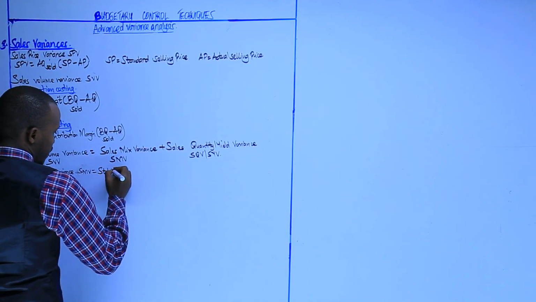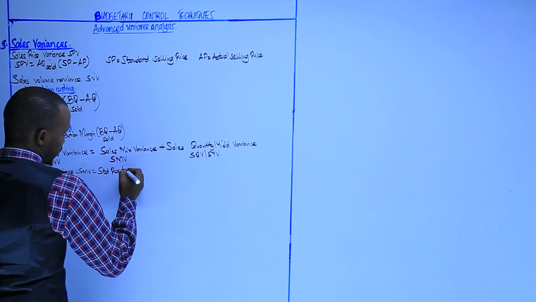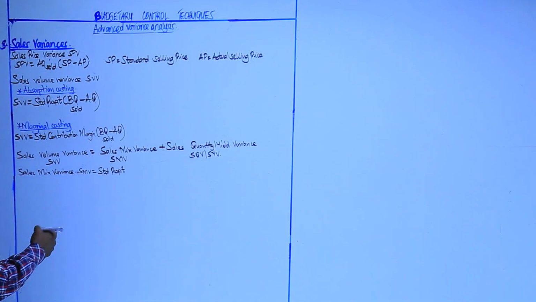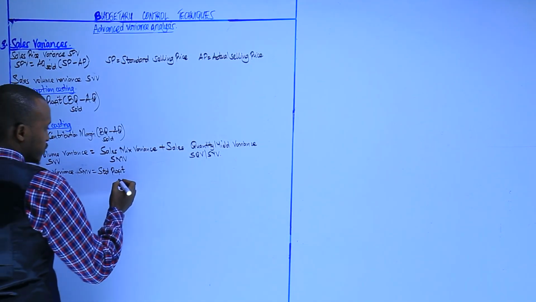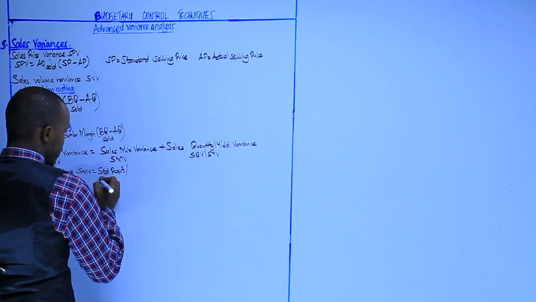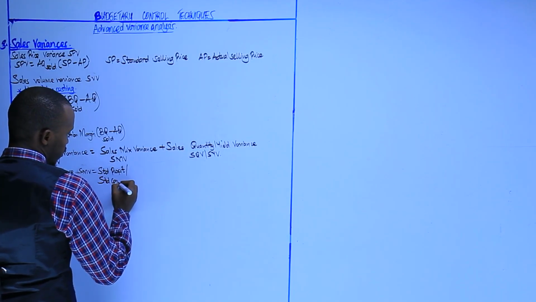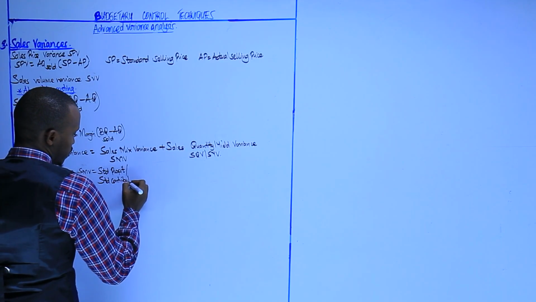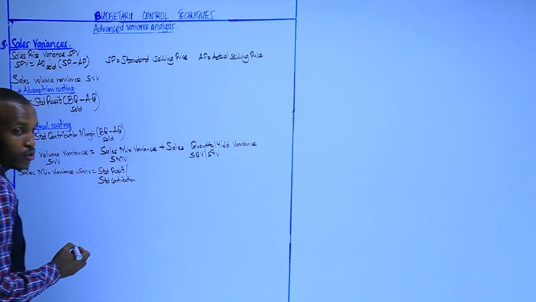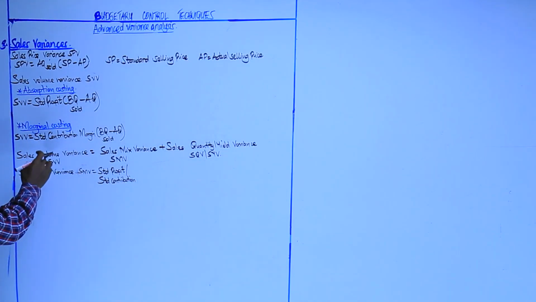it should be your standard profit or your standard contribution. Sometimes standard contribution, but your standard contribution you use when you're using marginal costing.